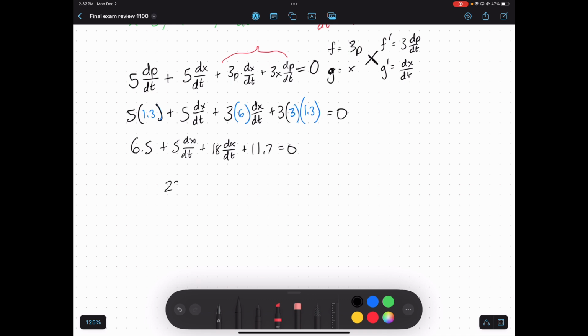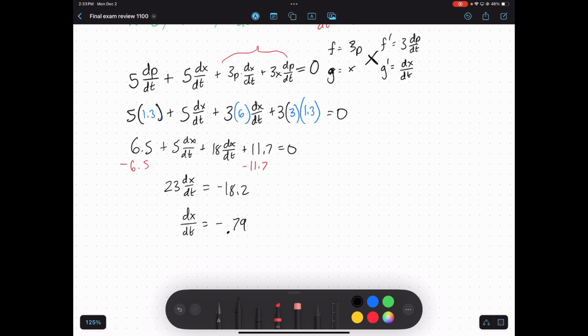Combine like terms, I get 23 dx over dt, and then I'll subtract both of my constants over to the other side and combine them, and I get negative 18.2, divide by 23, and I'm left with negative 0.79. It does say round to the nearest hundredth on this problem.